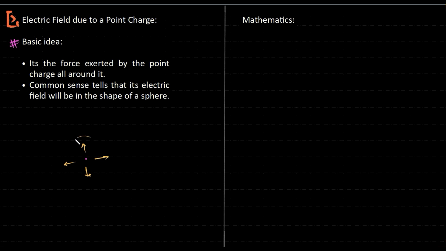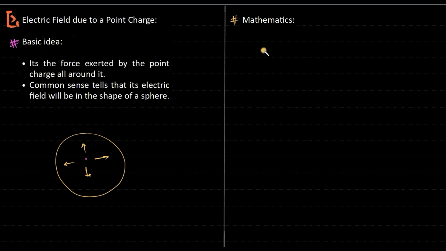That is, it is spherical in nature in some sense. Common sense tells us its electrical field will be in the shape of a sphere. Agree? So basically we're looking at the force exerted by a point charge all around. Again, we're just starting with a dot, then we look at two dots, then a bunch of dots. So first things first, let's have a diagram.